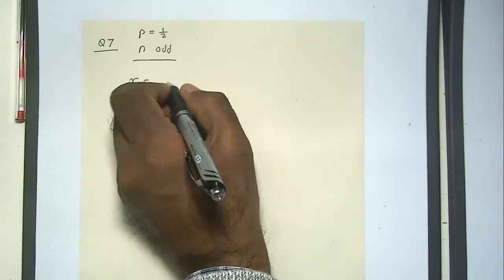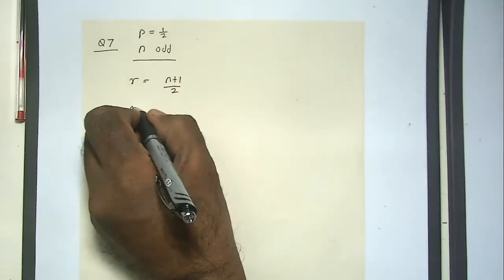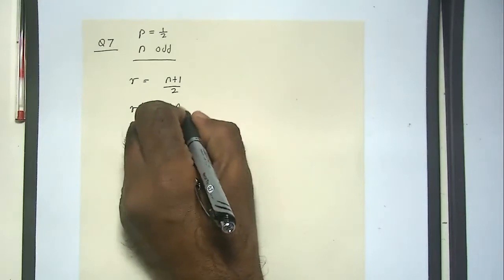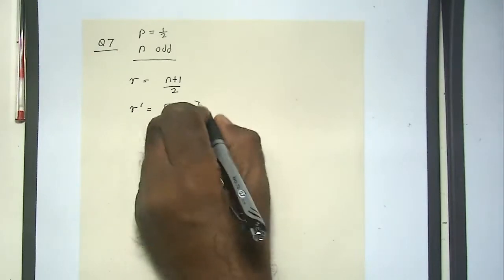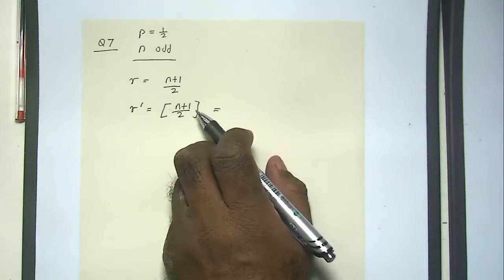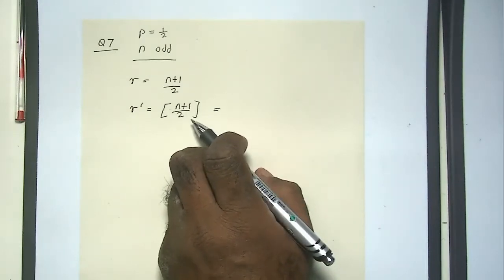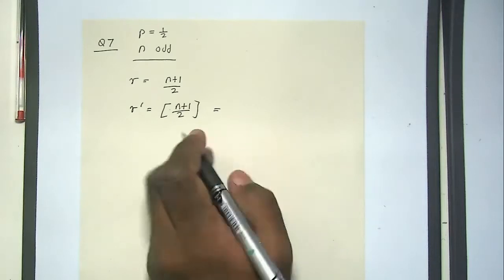So your r will be (n plus 1) divided by 2. Your r prime will be, and this will be what? Because n is odd, n plus 1 is even. So even divided by 2 is an integer, okay?